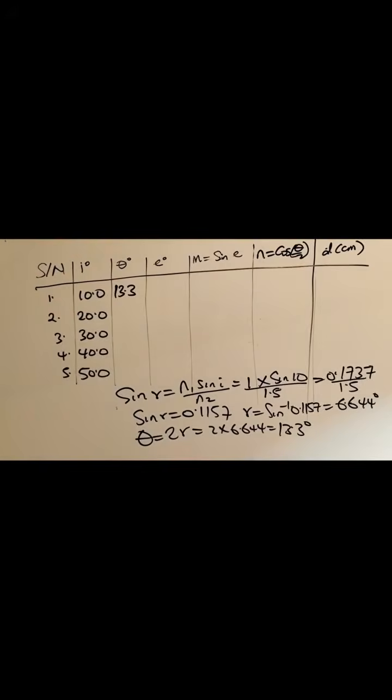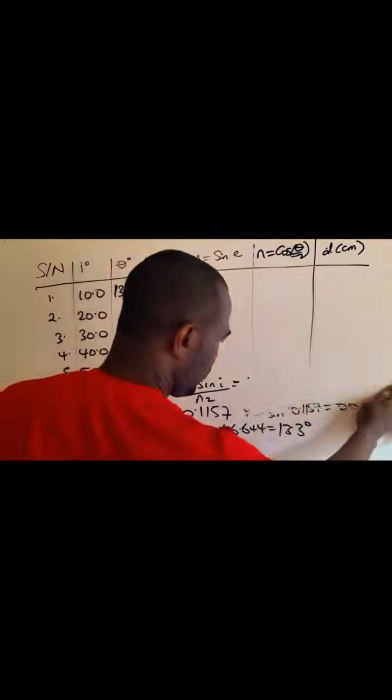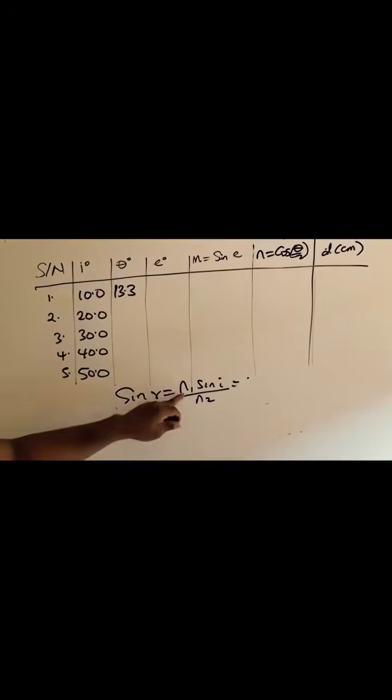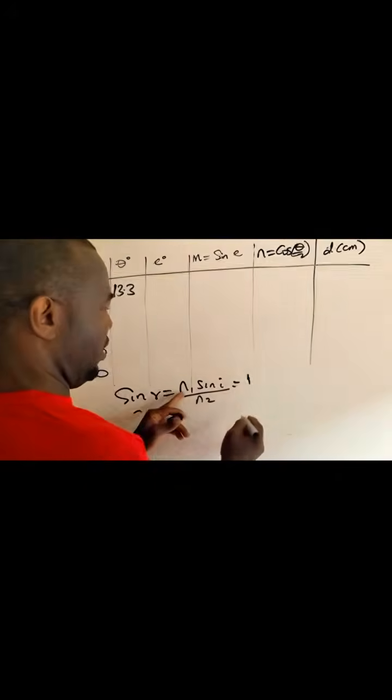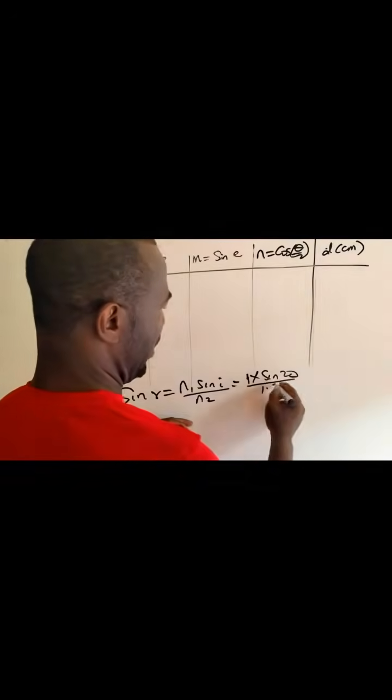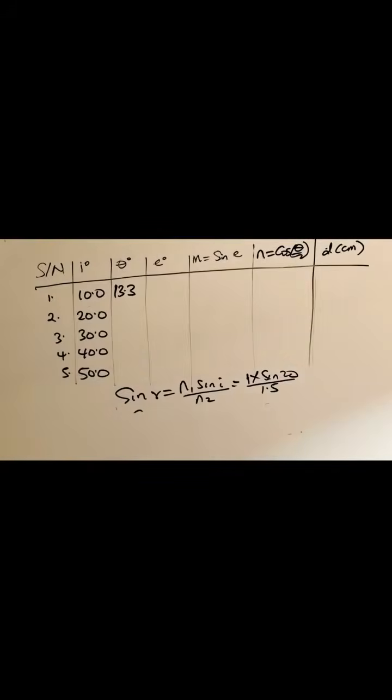We repeat the same process for the next angle, 20 degrees. The same formula: replace N1 with 1, the index of air, times sine 20 all over 1.5, the index of the glass we're using. Sine 20 is approximately 0.3420.